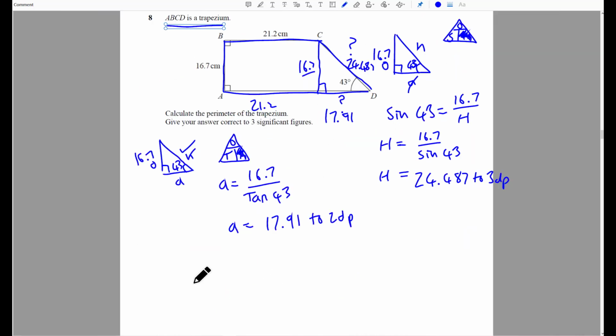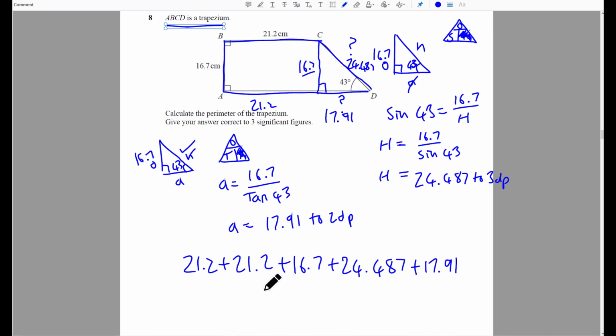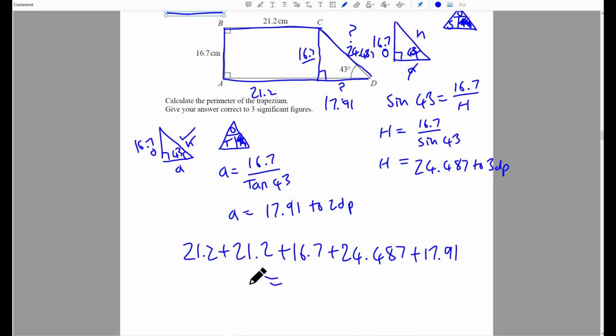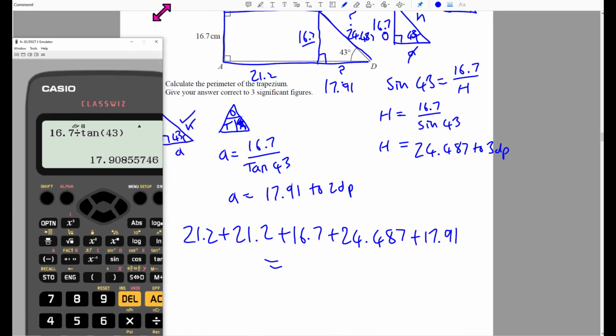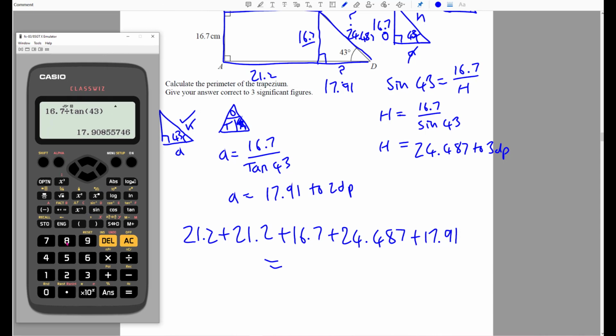I'm going to zoom out a bit. So this is our working out, 21.2, add 21.2, add 16.7, add 24.487, add 17.91. What is that going to equal?